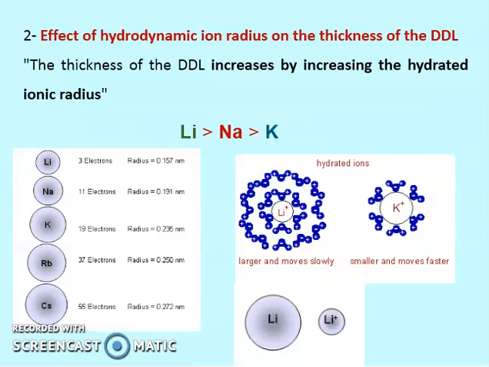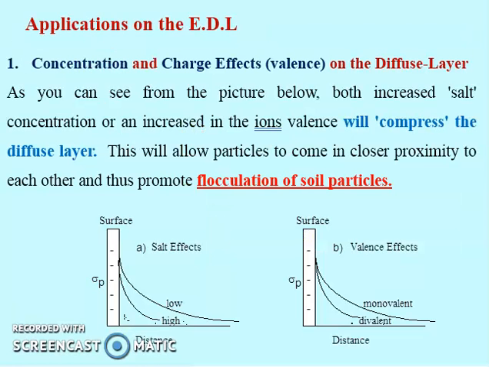The first two factors, concentration and charge, when increased, decrease the electric double layer, while an increase in the hydrodynamic diameter or hydrated ion radius leads to an increase of the electric double layer.